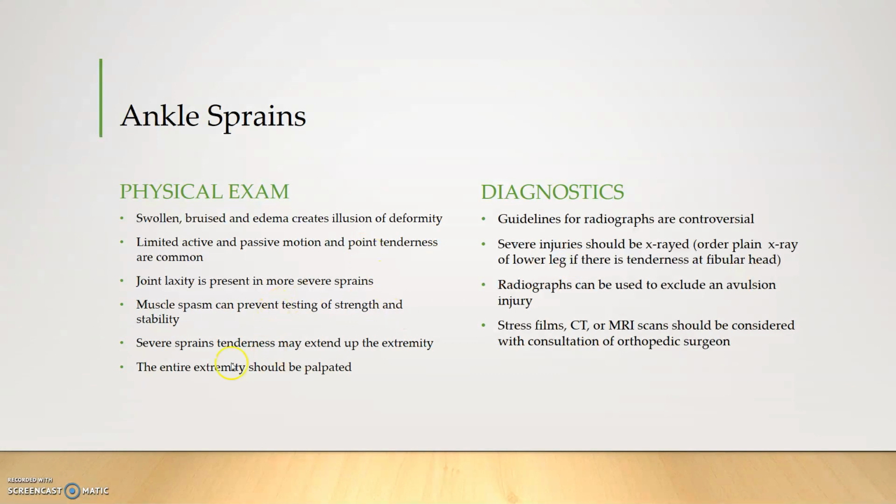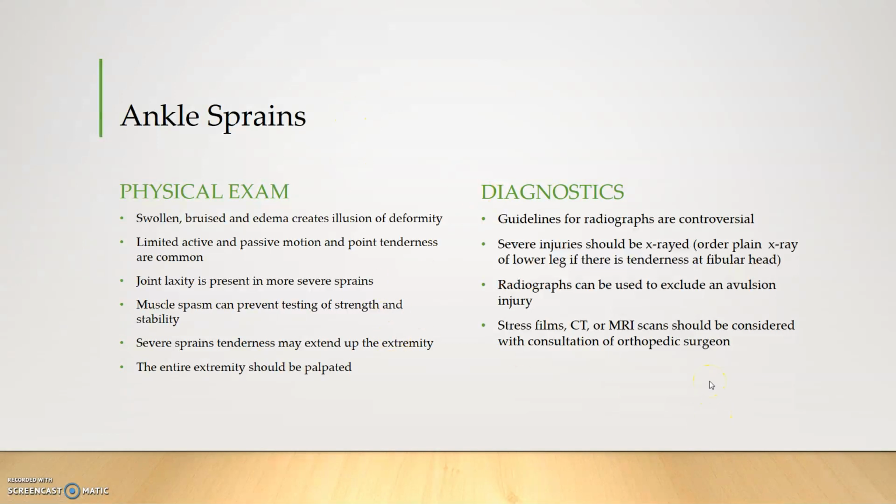Joint laxity is present in more severe sprains, so keep that in mind as you're assessing. Muscle spasm can prevent testing of strength and stability, because the muscles are damaged and the reaction is spasm. Severe sprain tenderness may extend up the extremity, so you want to evaluate above the injury, and actually the entire extremity that's affected should be palpated and assessed.